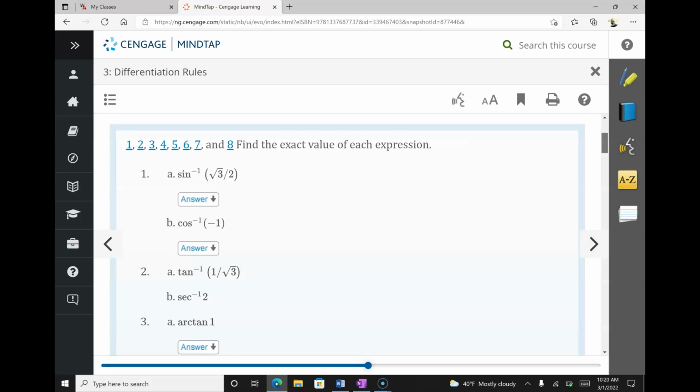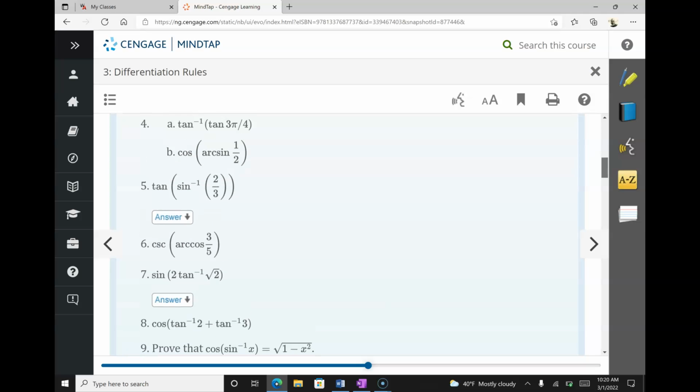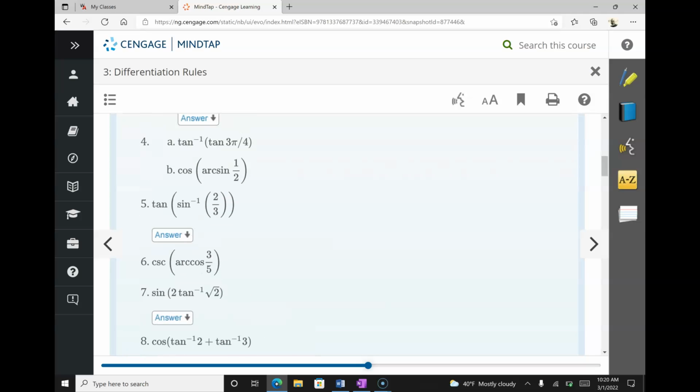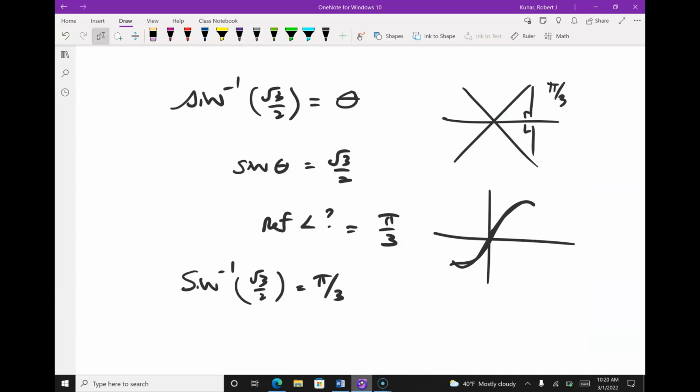All right, let's get to some derivatives. Let's do 7. Sine of 2 times the arctan of rad 2. What? Let's do 5 first. Tan of the inverse sine of 2/3. Tan of the inverse sine of 2/3.